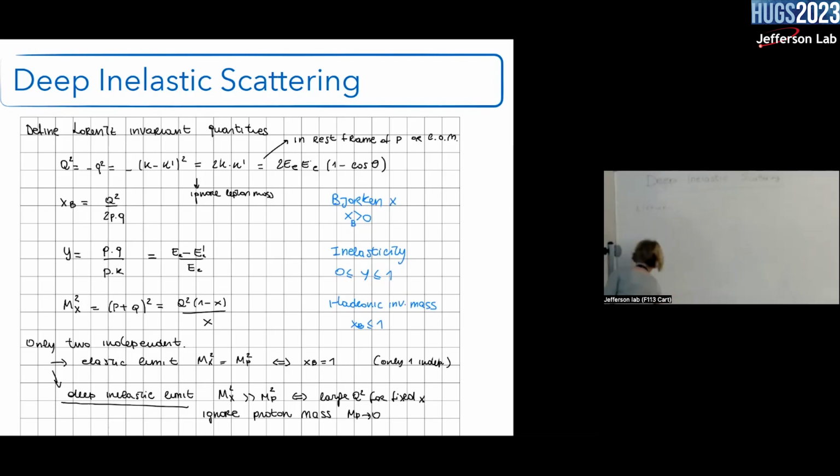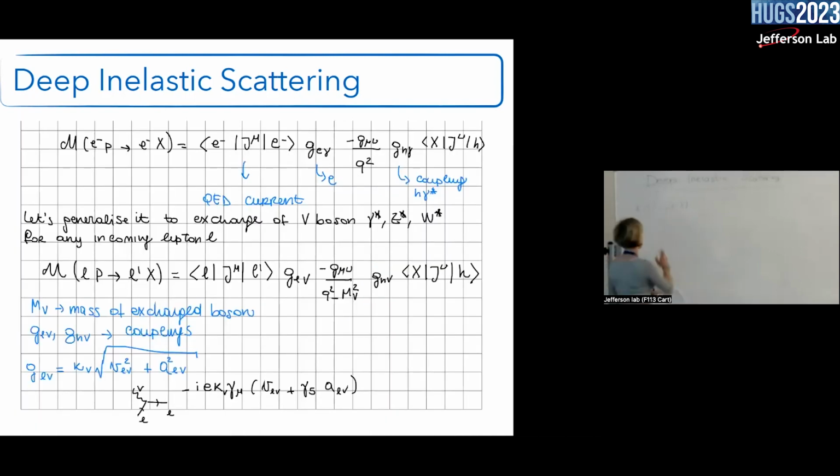So actually here I'm doing something cheeky because I want to help you for the exercise. Okay, let's say lepton proton into, okay, I'm just saying that the lepton doesn't have to be necessarily the electron. It can also be an electron that becomes a neutrino or a neutrino that becomes an electron, because I want to make it general for when you have to do the exercise with the Z and the W, okay?